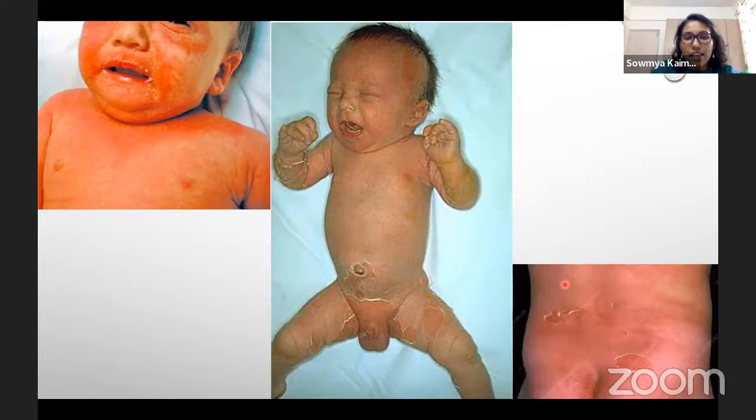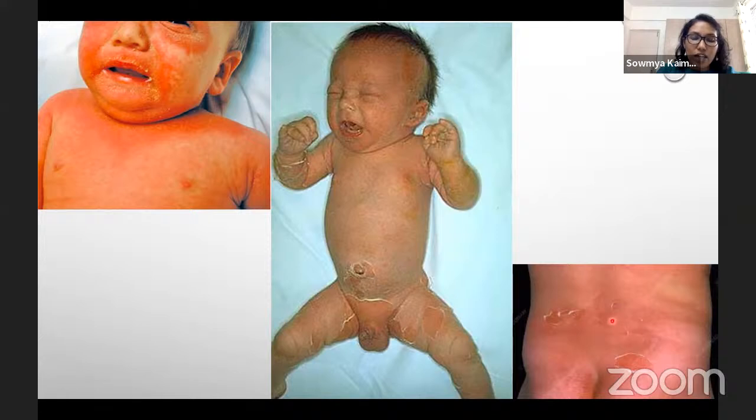The typical presentation is as you can see in the first panel: periorificial, that is periocular, perioral, and around the neck, and also in the folds and genitalia. This is the classical presentation. It's called scalded skin because it actually looks like a scald injury, like when you pour hot water on yourself.